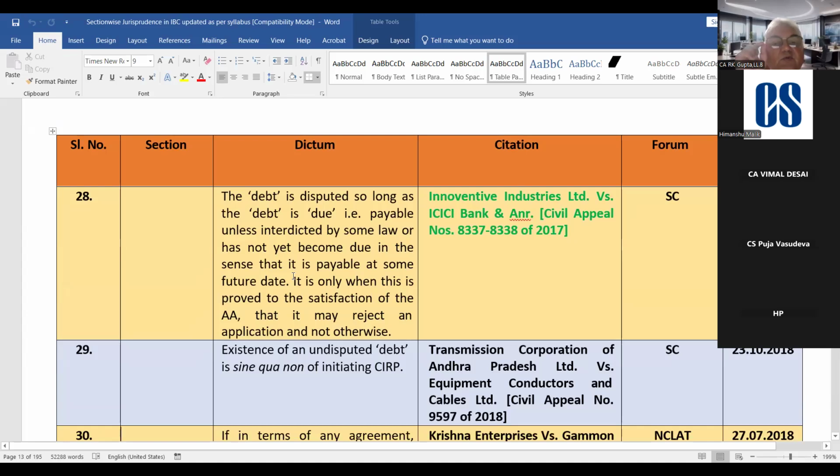Debt is disputed so long as the debt is due, that is payable, unless interdicted by some law or has not yet become due in the sense that it is payable at some future date. ठीक है?